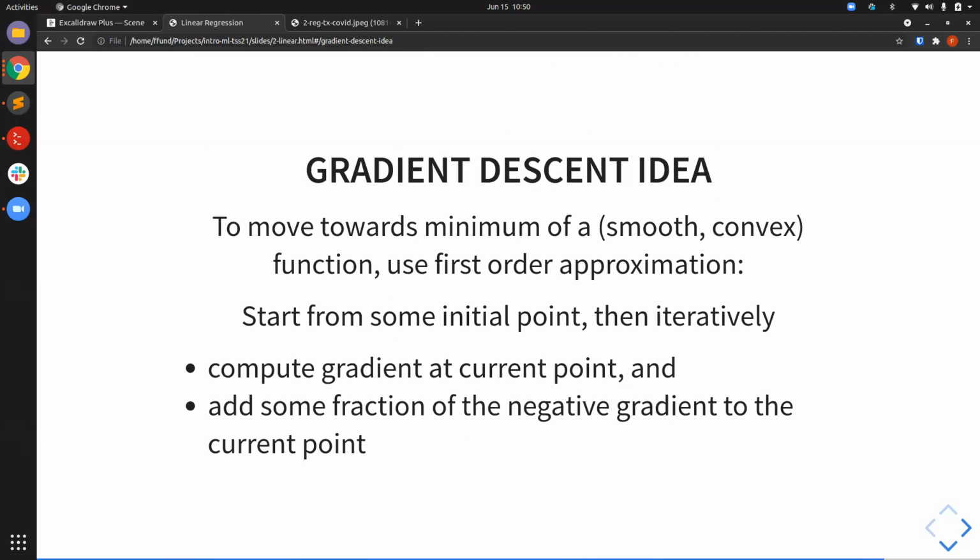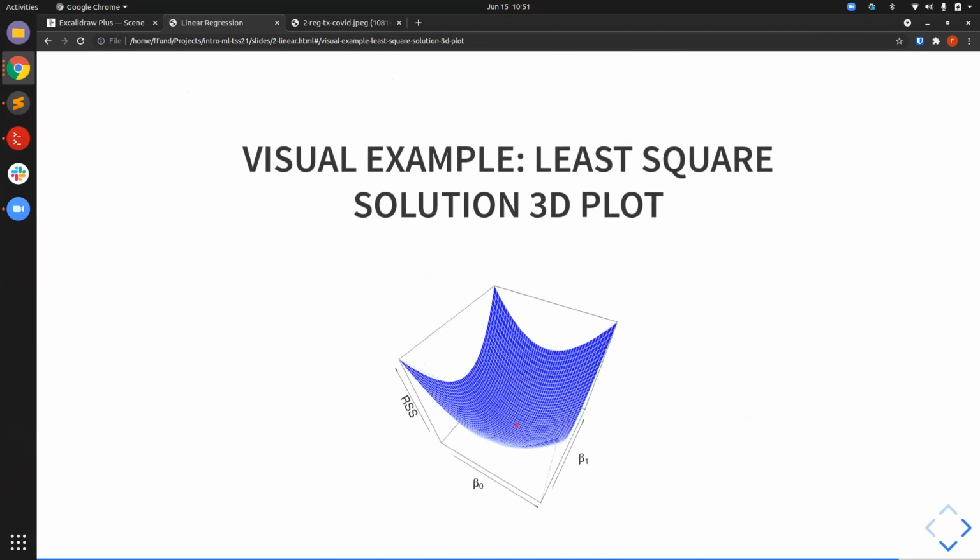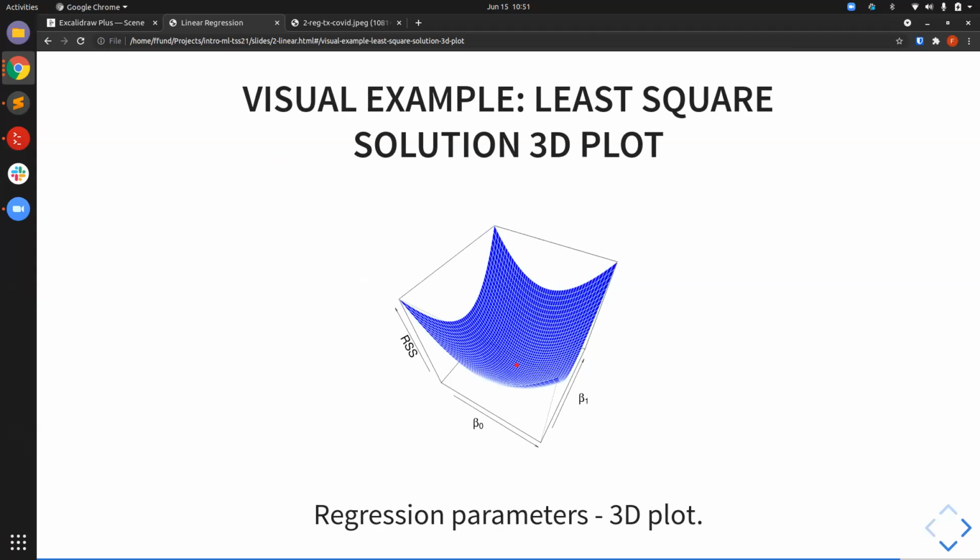In order to move towards a minimum of a smooth convex function, we start from some initial random point. Then we iteratively compute the gradient at that point, add some fraction of the negative gradient to the current point, because we want to go in the opposite direction of the gradient, and then go there. Now we're at a new point, compute the gradient again, add some fraction of the negative gradient, go there.